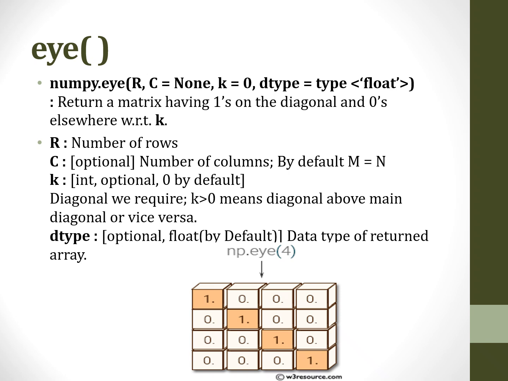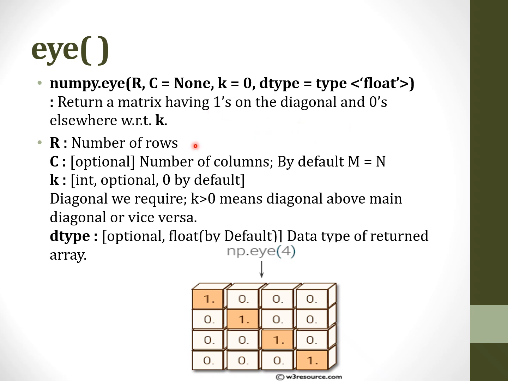So the next function which we are going to see is eye. The syntax for this is numpy.eye(R, C=None, k=0, dtype=float or integer or anything we can define). This function is used to return a matrix which will have 1 on the diagonal and 0 elsewhere.